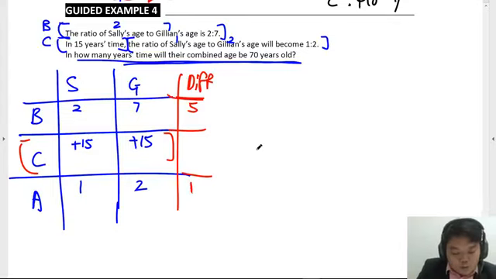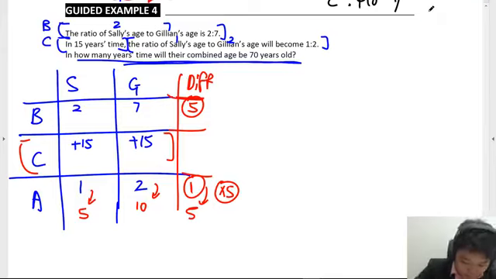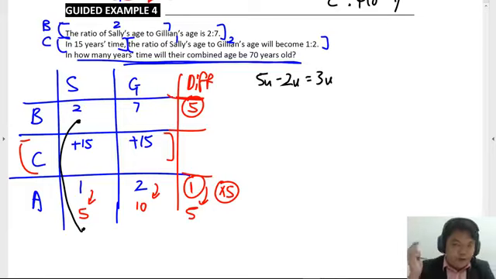Okay, so we say that these two are equal and we want to make them the same. So we times this entire row by 5. Once we have done this already, we want to find out the value of 1 unit first. So to do that, we compare from 2 units up to 5 units. There was a change of 3 units.